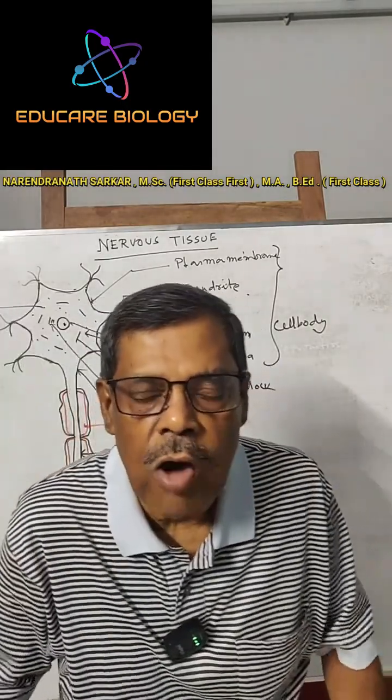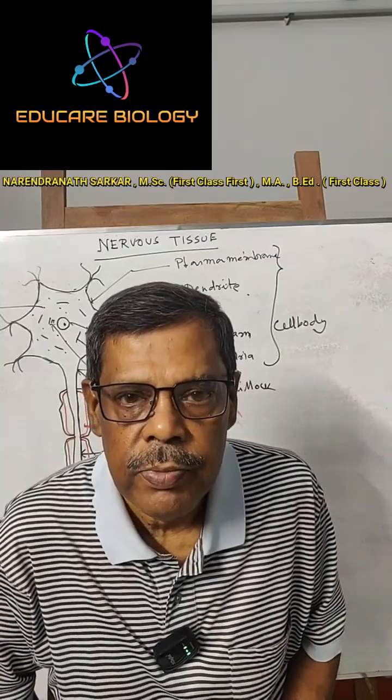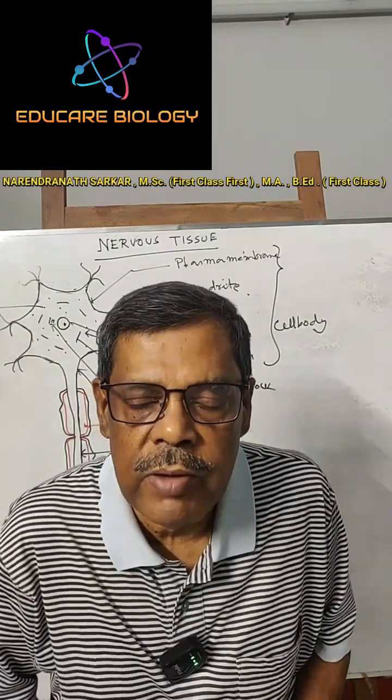Neurolemma is only found in the peripheral nervous system. In the central nervous system, neurolemma is absent.